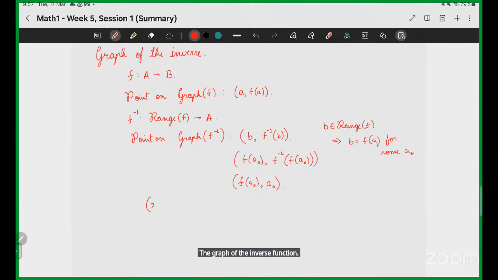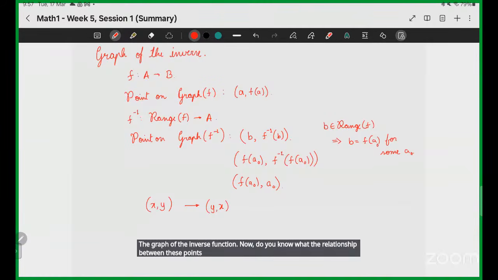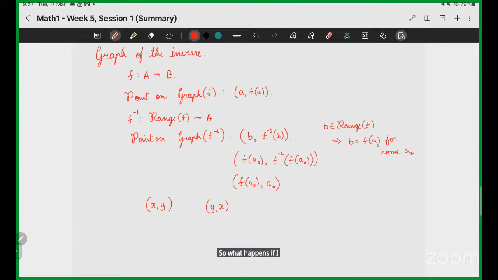Now, do you know what the relationship between these points x comma y and y comma x is? If I flip the coordinates, they are symmetric about what? Straight line y equal to x. So let's take specific examples.